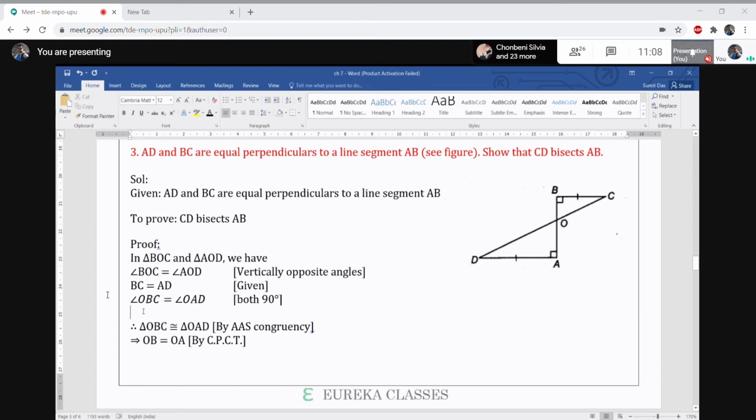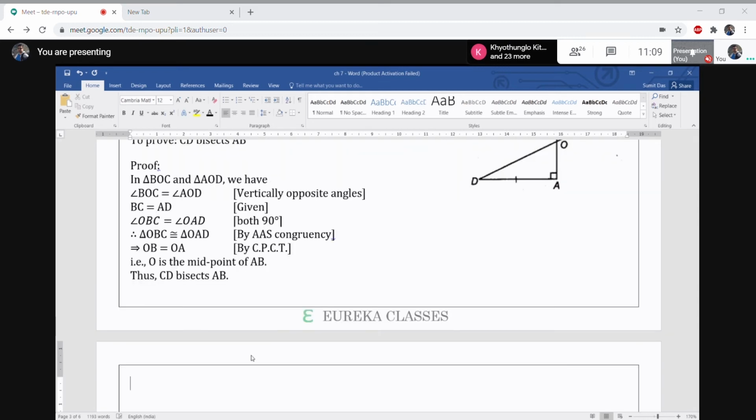So if OB equals OA, that means O is the midpoint of AB. That means this line bisects AB. Thus CD bisects AB. Hence proved. You can write hence proved.